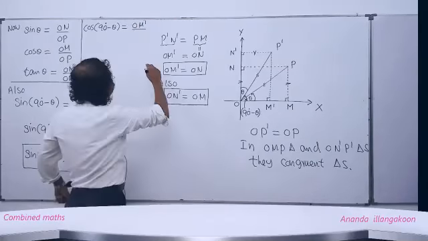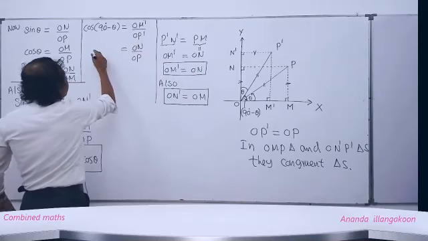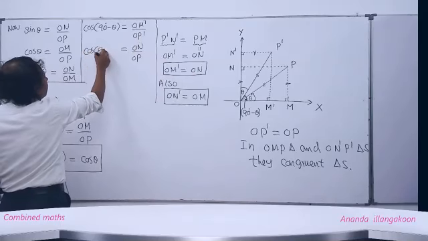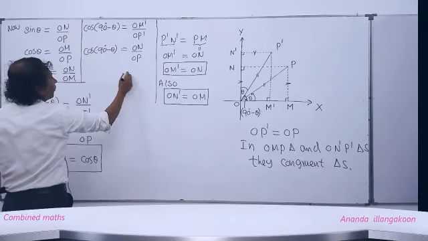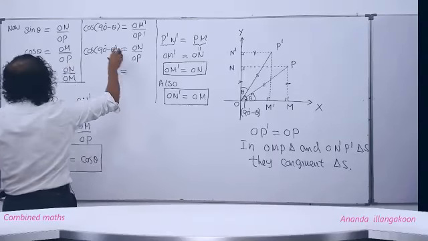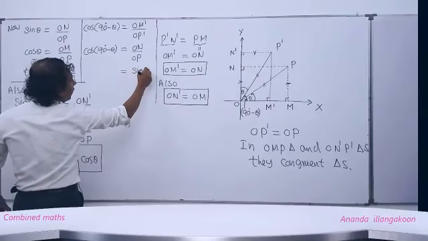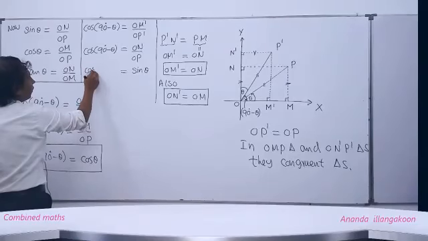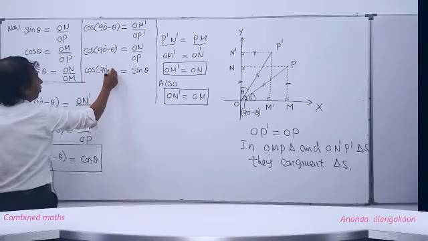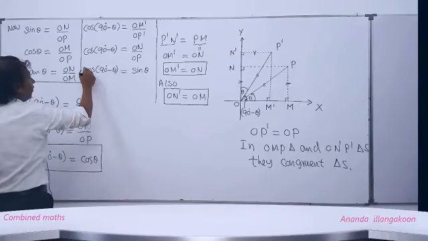OM dash by OP dash is cos(90 minus theta). People, ON by OP is sin theta. This is sin theta. Therefore, cos(90 minus theta) equals sin theta. Then this is the next result.